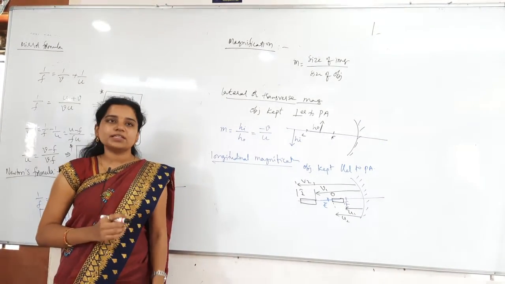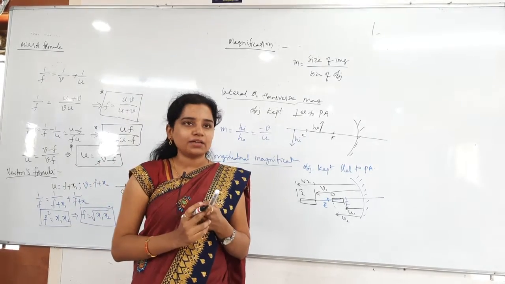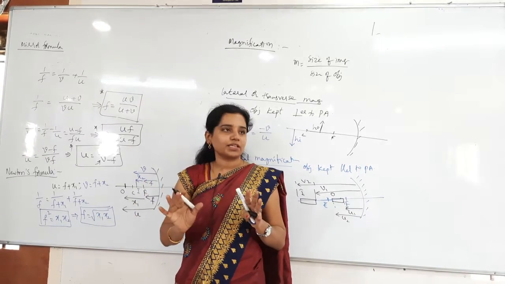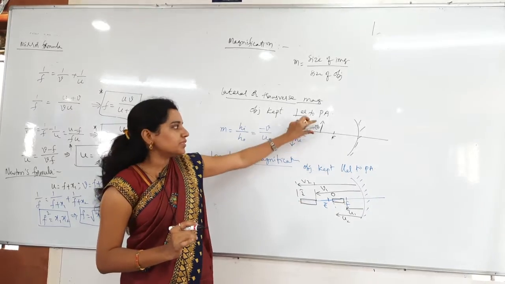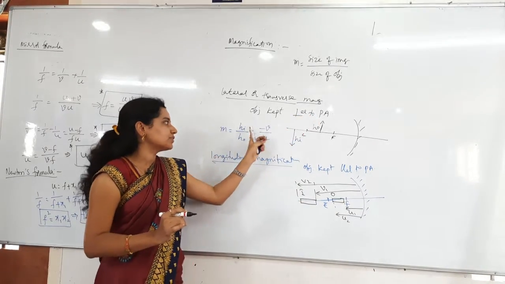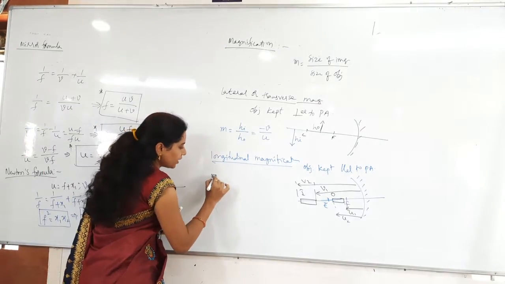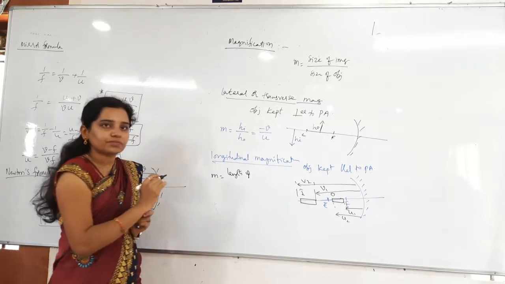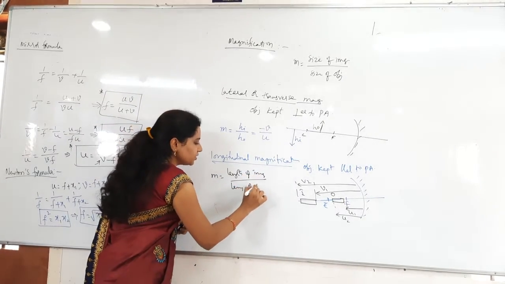I said that magnification is size of the image by size of the object. That size might be height, or length, or area also. Anything it can be. So here this has length and that had height. I discussed the height formula earlier, hi by h naught. Now magnification is equal to length of the image divided by length of the object.